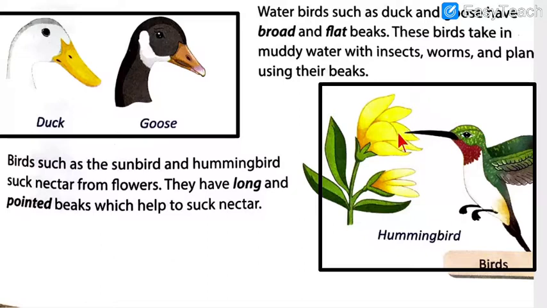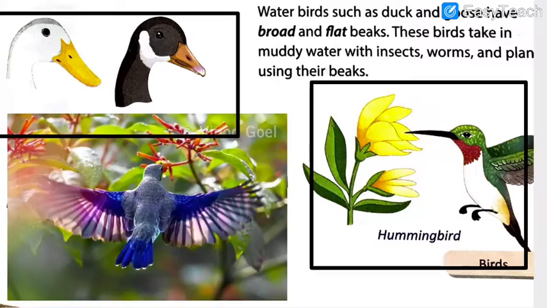So this is how pointed their beaks are. They are not too pointed, just pointed enough to suck the nectar of the flower from the small thin tube. Now here I hope you can see, my dear students, is the picture of a sunbird. How beautiful the sunbird is, isn't it?